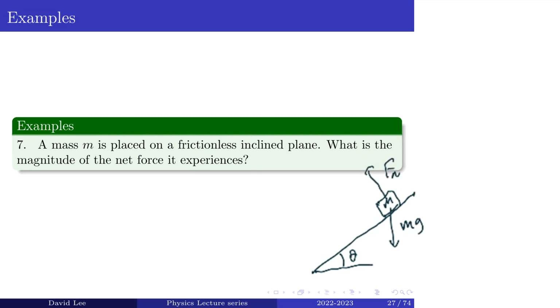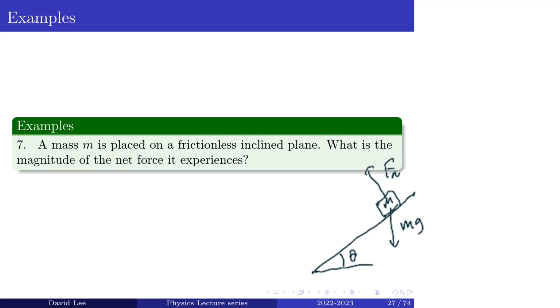There aren't any other forces here because there's no friction. The problem says the plane is frictionless. So it's just gravity and normal force, and to find the net force, we just sum these two forces.